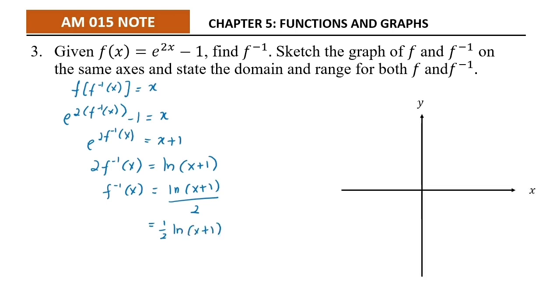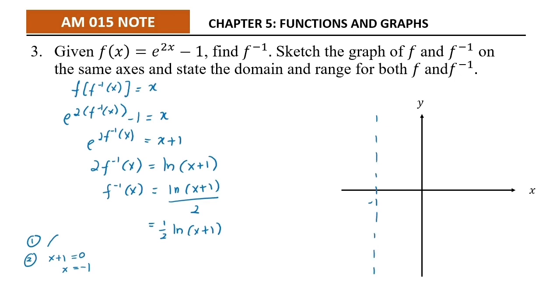Sketch the graph. You can choose whether to sketch the graph of f of x or f inverse first. Since ln is easier, we sketch the graph for f inverse first, then f of x. First, ln positive, x positive, so from above to the right. Second, the asymptote: x plus 1 equal to 0, x equal to negative 1. So the asymptote is at x equal to negative 1 here.